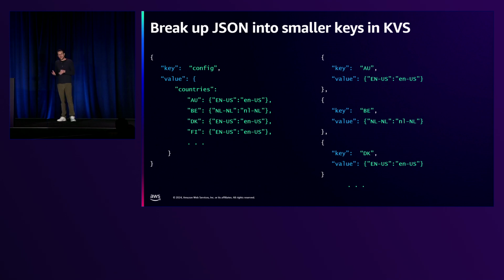The way that key value store works is we take the entire data set that you've provided to us and we bring it into memory inside the function sandbox itself. So when you do a read with KVS, you're essentially just reading from memory, which is really, really fast. And so oftentimes it ends up being more efficient to make multiple reads to the KVS to fetch data than it is to cram everything into a single key value store and write a bunch of complex parsing to get the data you want out of it.